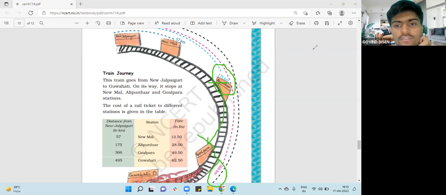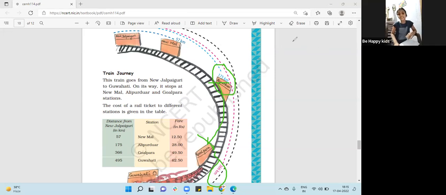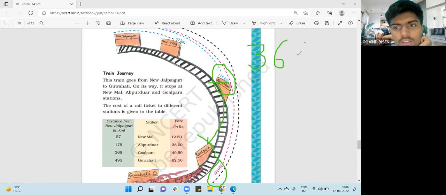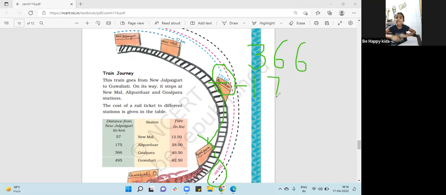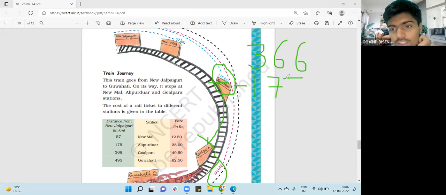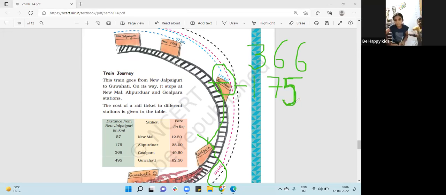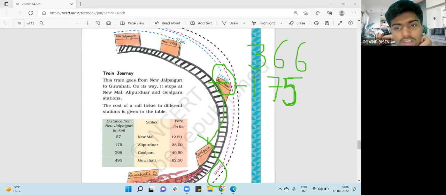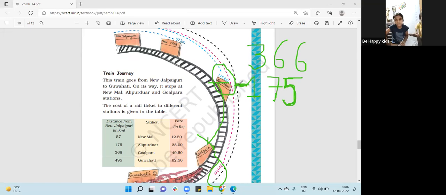Big number 366 minus 175. Okay, that's great. Good. So you got the point now: how to find the distance between two points if we are given the end and the initial points. All right. So find the answer quickly and then we will finish up the class.